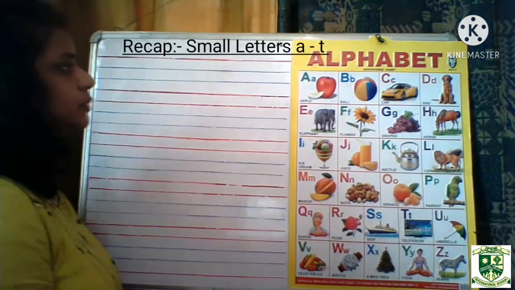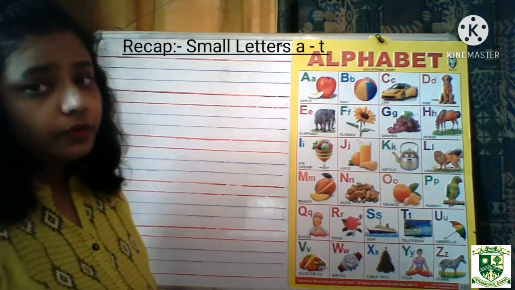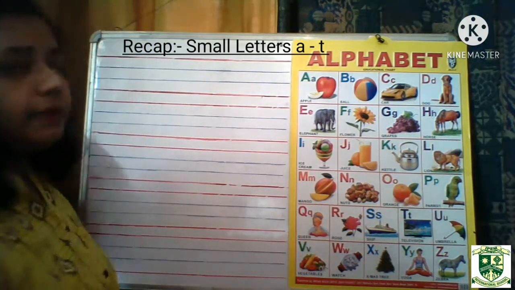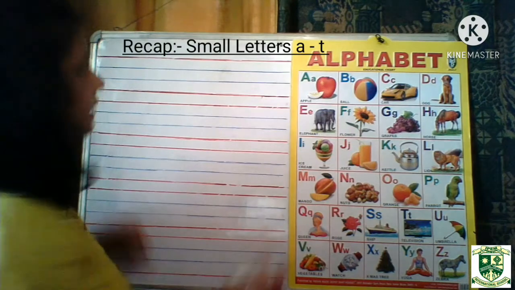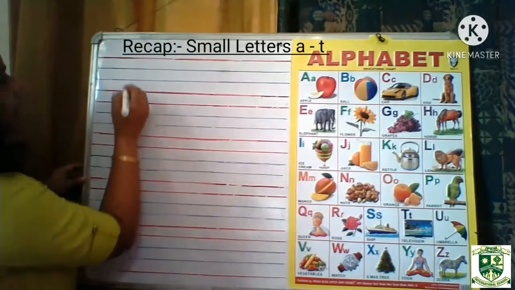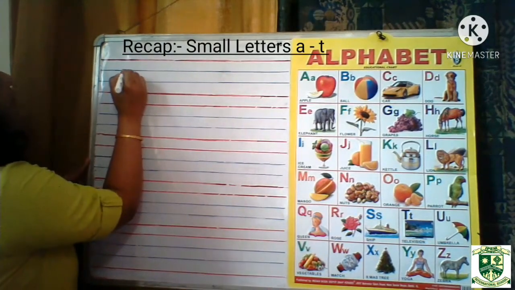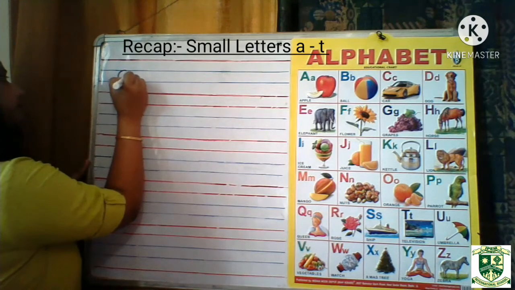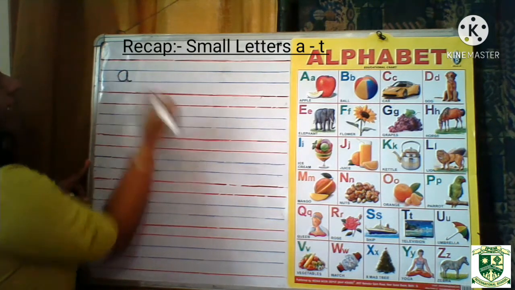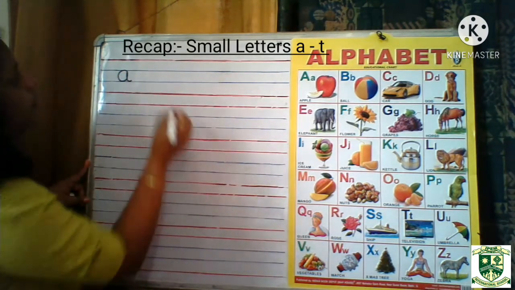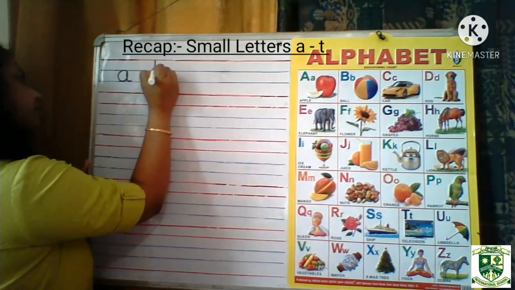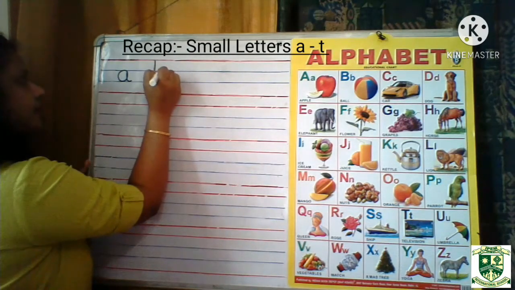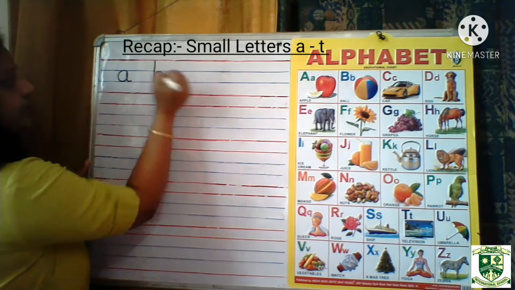Now how will we write a small a, children? You already know that we write a small a between the two blue lines. Then comes small b, one standing line and a right curve.